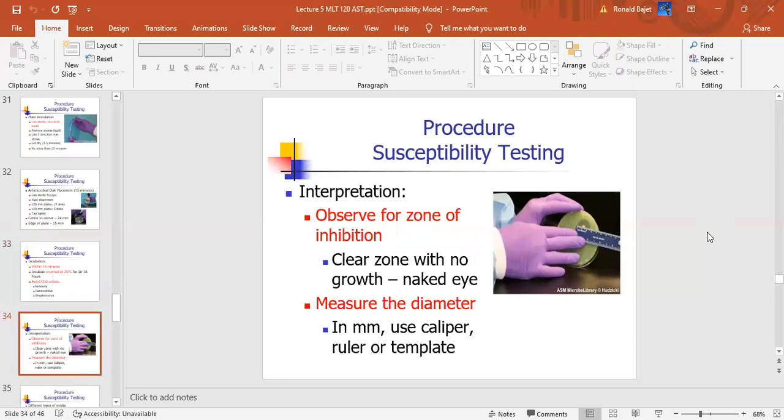The way that person is measuring the zone size is, I don't like to use that, so he's doing it this way. The disc is here, the end of the ruler is here, and that's how he's measuring it.